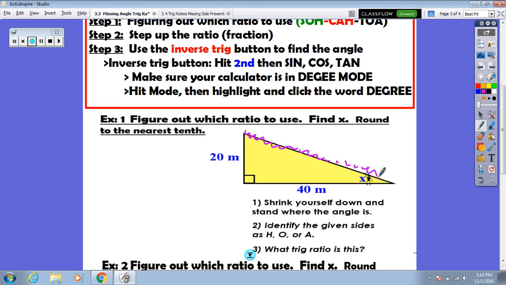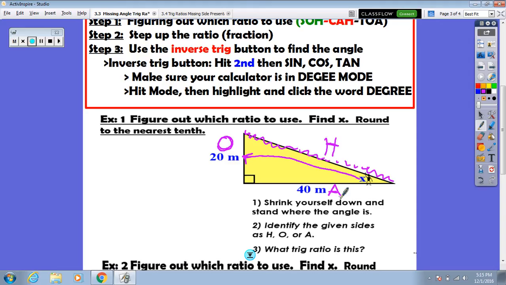So this is going to be my hypotenuse, so I'm going to put an H on this side. Now, looking from the perspective of my little stick man, this side would be the side that is directly across from him. So that is my O, or my opposite side. By default, that makes 40 the adjacent side.